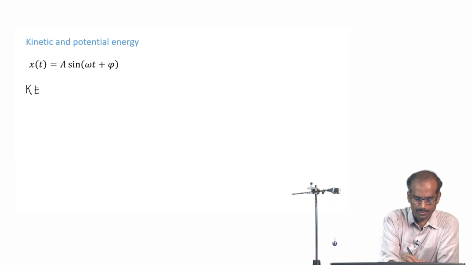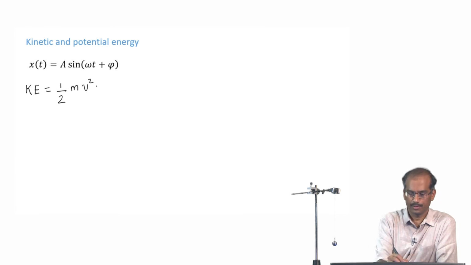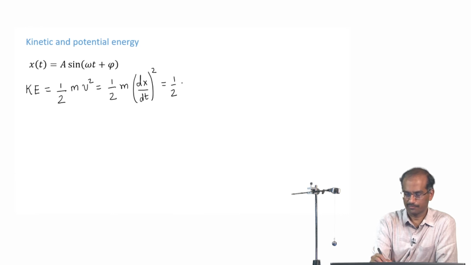So, kinetic energy, which I will indicate by KE, is simply half times mass into the velocity squared, which will be half mass into (dx/dt) whole squared, and that is simply half m into (a omega cos(omega t + phi)) squared, which gives a squared omega squared and cos squared.